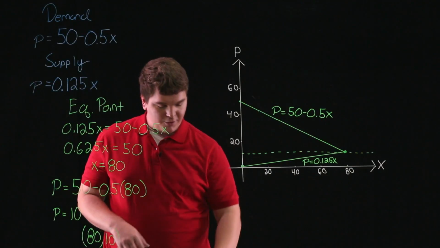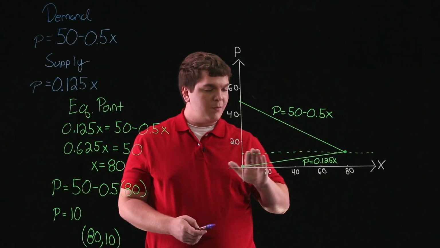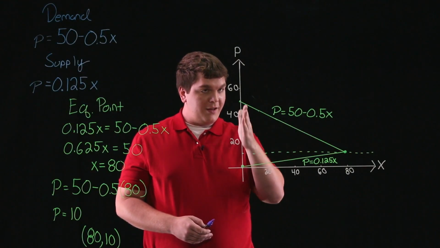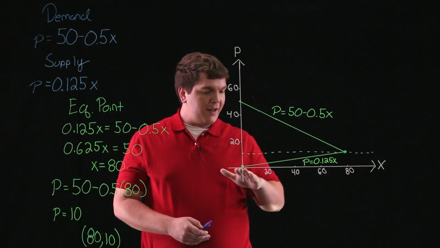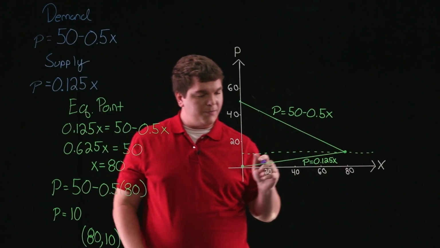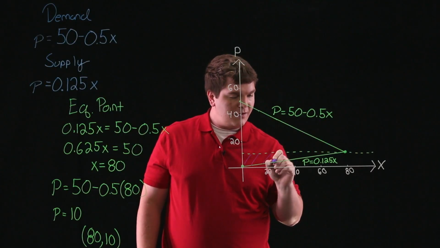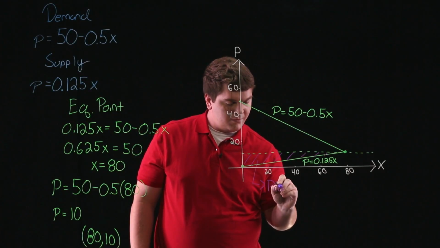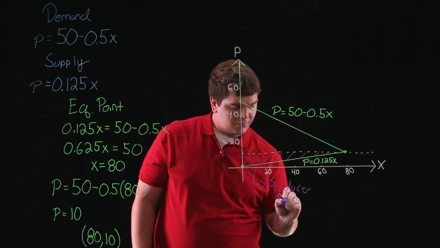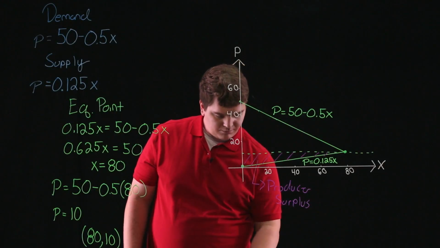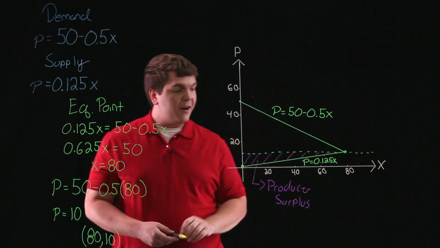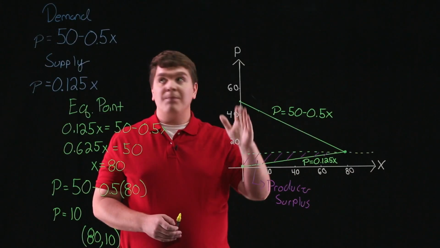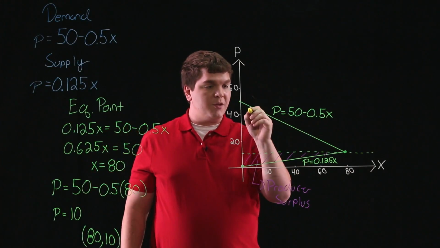So now what we would like to note is that the area bounded by this horizontal line passing through our equilibrium point, the p-axis, and our supply curve, this area is our producer surplus, and the area bounded by the horizontal line passing through our equilibrium point, the p-axis, and our demand curve is the consumer surplus.